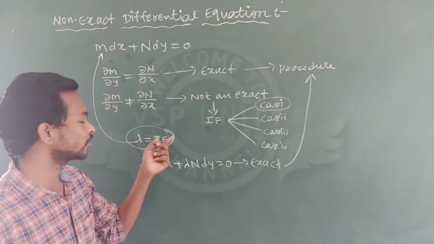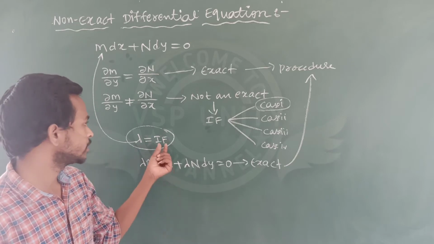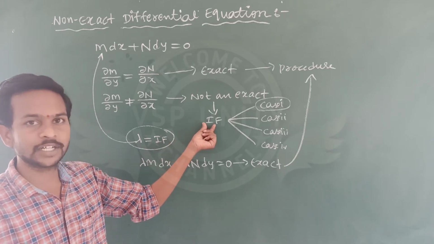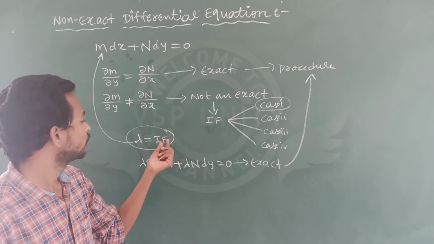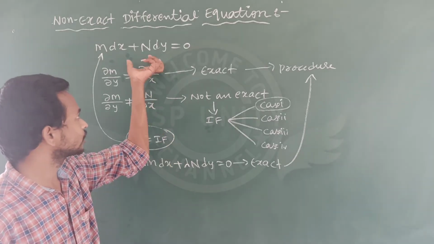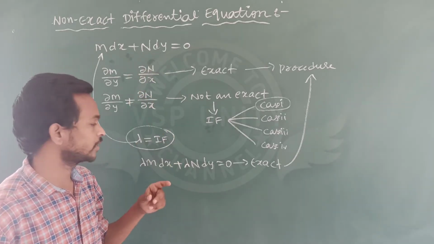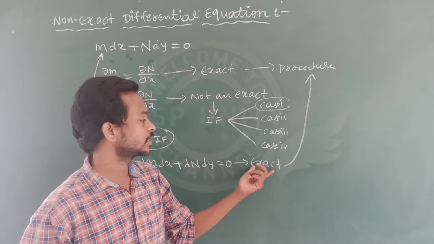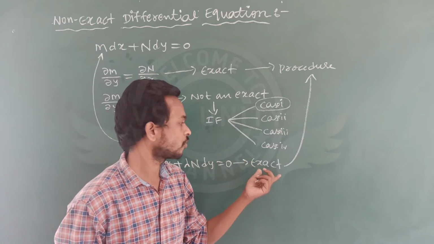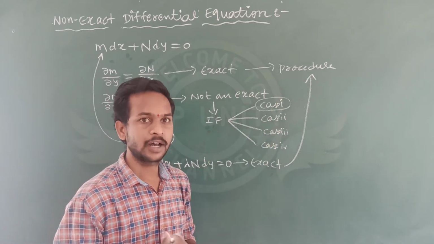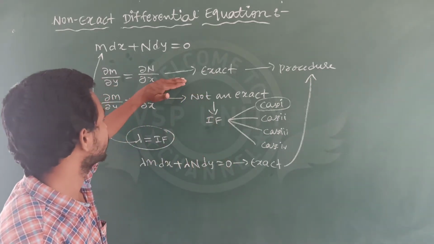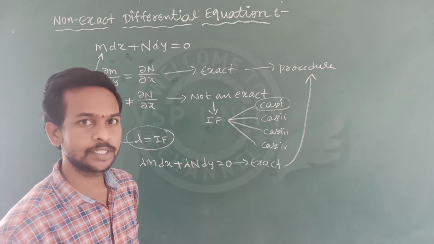For that reason we have to find the integrating factor. After finding the integrating factor, we have to multiply it with the given differential equation. Then the given differential equation will become an exact form. After this we proceed as usual with the exact differential equation.